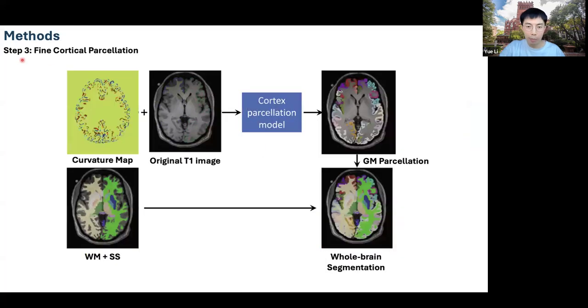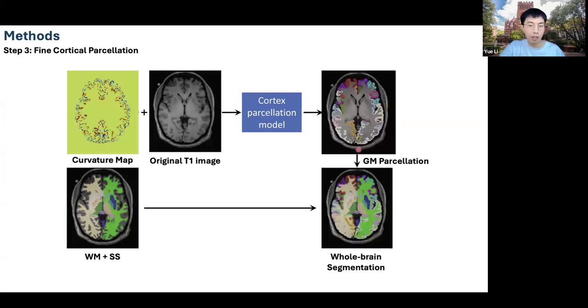So in the third step, this is the fine cortical parcellation. They take the original T1 weighted image and the curvature feature map as input to form a two-channel input and feed them into another deep learning model. This model focuses on parcellating the gray matter into detailed cortical regions, using both intensity and curvature to make more accurate boundaries.